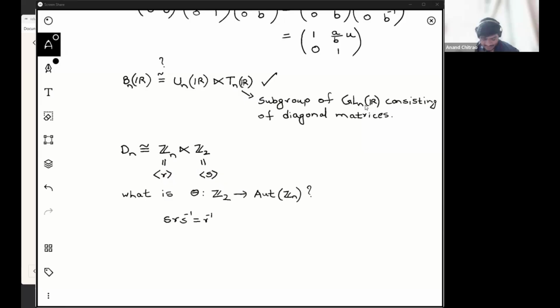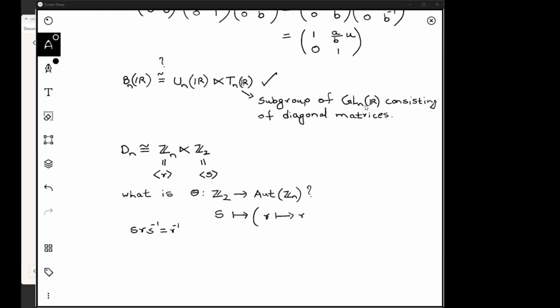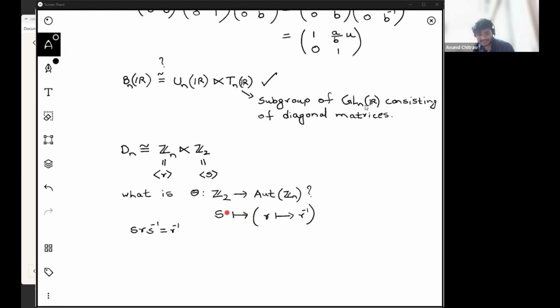Yes, R inverse. So this homomorphism theta, which is determined by where a generator goes, sends S to the map sending R to R inverse.